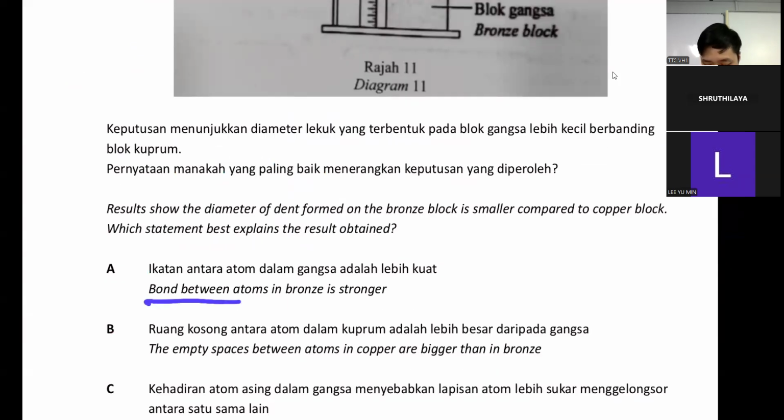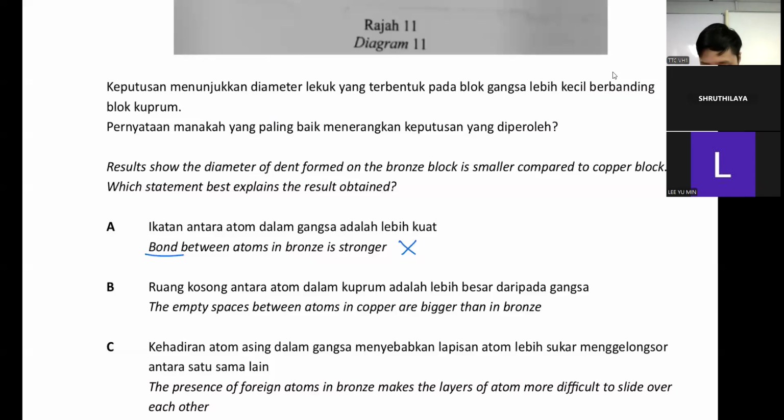So you see, which statement best explains? Okay, bond between atoms in bronze is stronger. No, it's not about the bond. Nothing to do with bond. The empty spaces between atoms in copper are bigger than bronze. No, there's no empty spaces. Both have occupied everything, it's not like empty space.